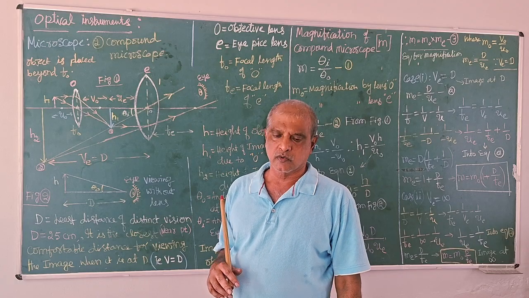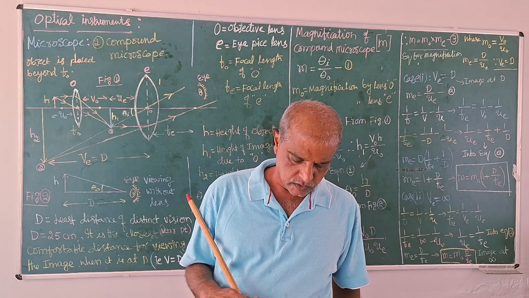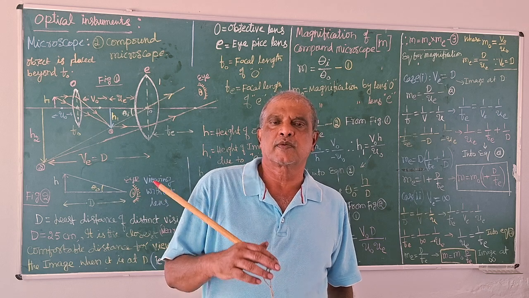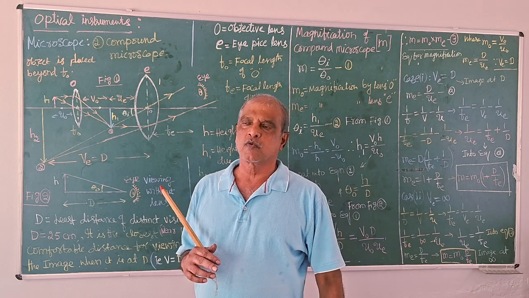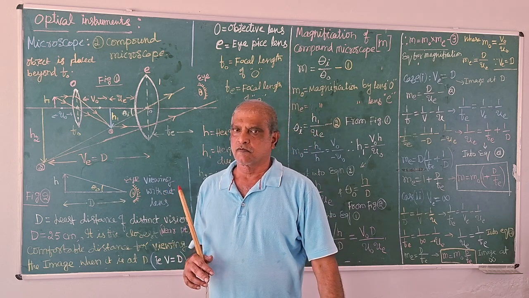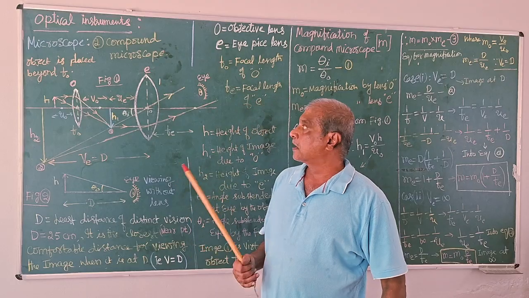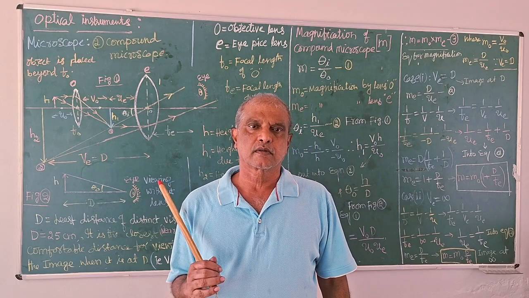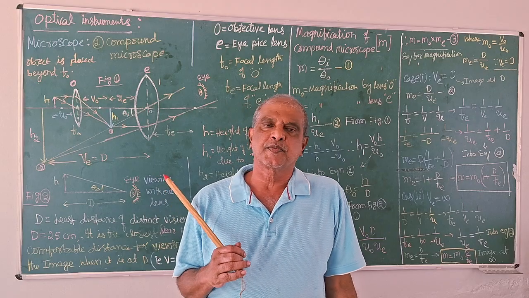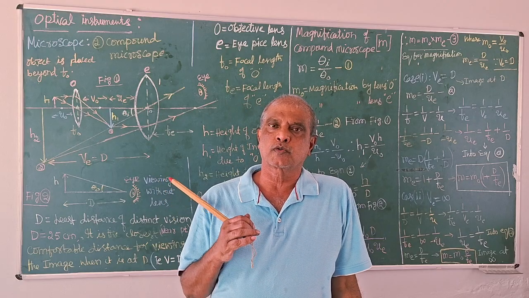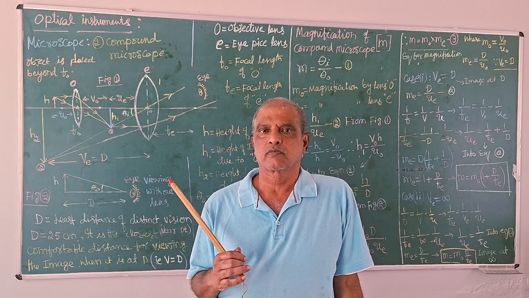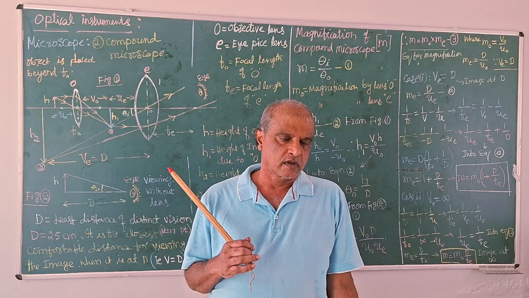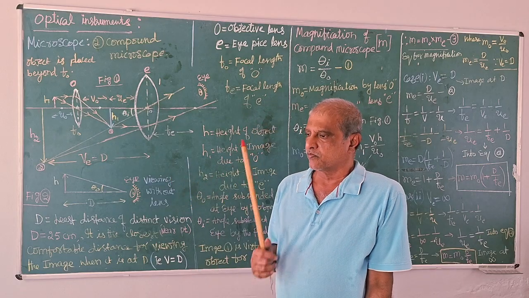The simple microscope, as you know, magnifies the image 10 times by using only one lens, whereas the compound microscope magnifies the image 100 times, even up to 1000 times. It has a high magnifying power as well as resolution power.